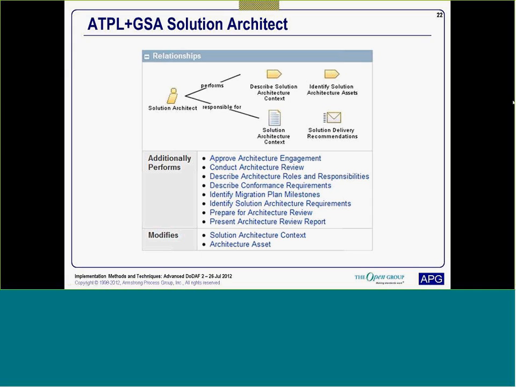And there are some additional activities that the solution architect participates in as it relates to overseeing and establishing the initial engagement, conducting reviews across the life cycle, and involvement in migration planning and roadmap. Slide, please.